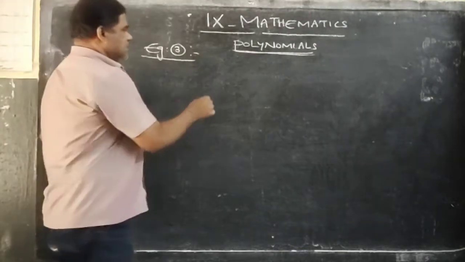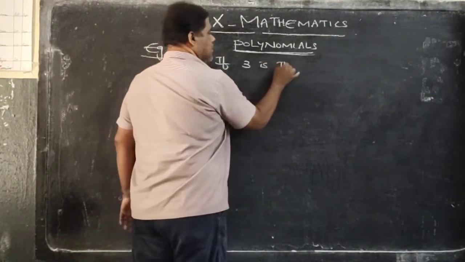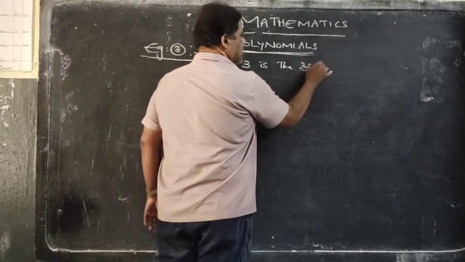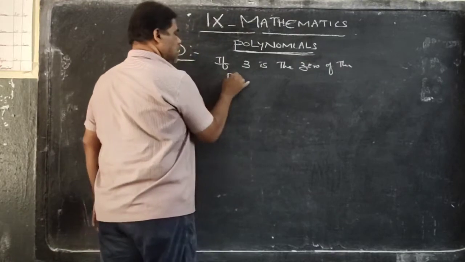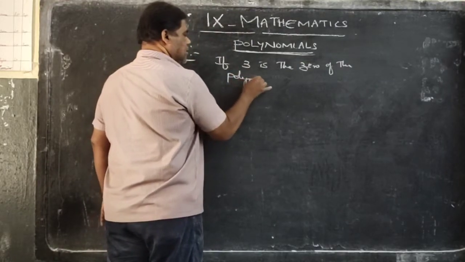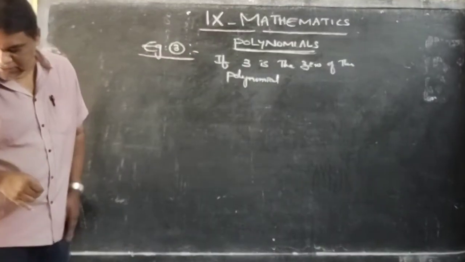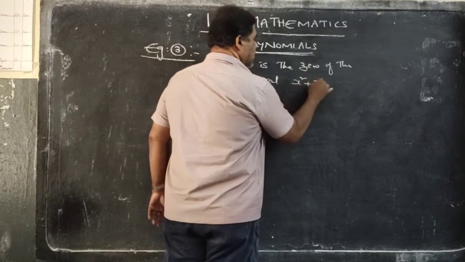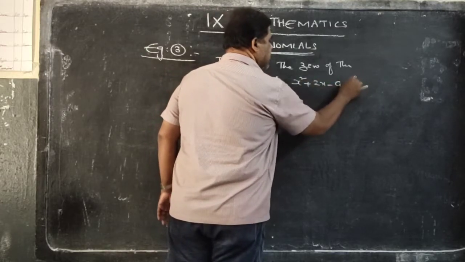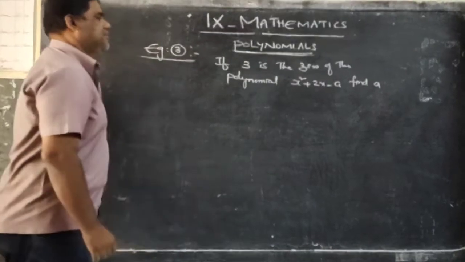If 3 is the 0 of the polynomial x square plus 2x minus a, find the value of a.